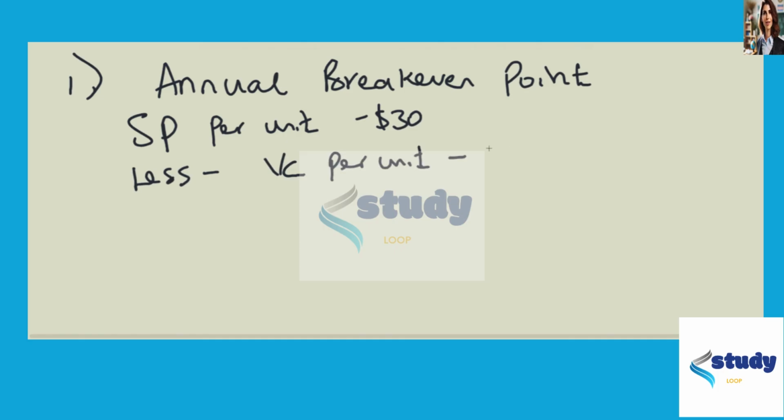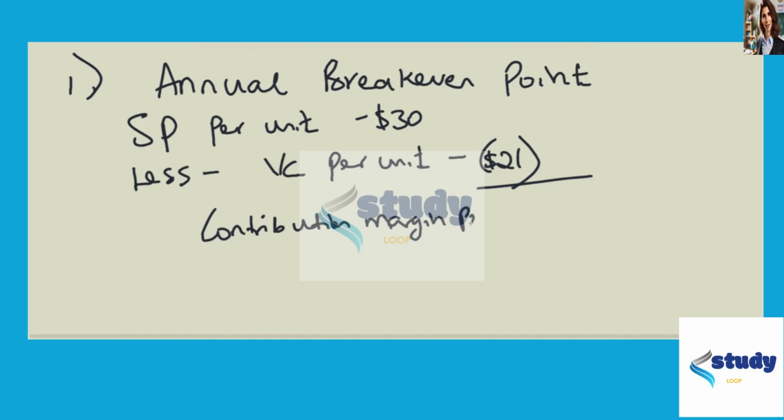And the variable cost per unit is $21. So we less that. And then what we get with the difference, and that will be the contribution margin per unit. And that is $9, right? Because 30 minus 21 is 9.